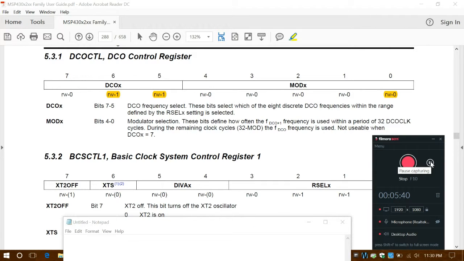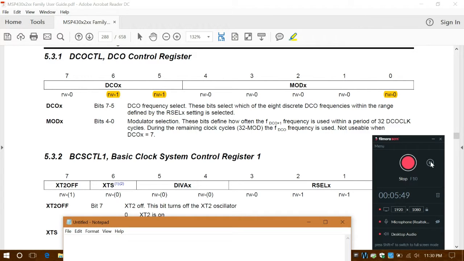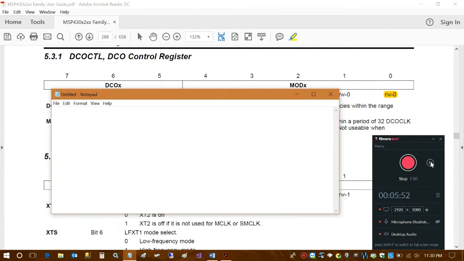So the DCOx value will be 0 1 1, that is 3, and you can get that for the value 0b011, which comes to 0x3, and the default value for MOD will be 0.